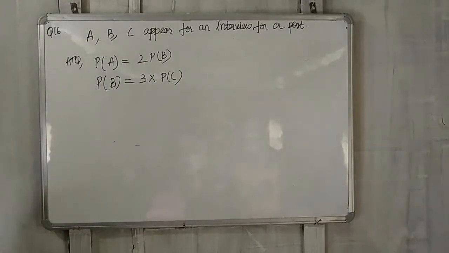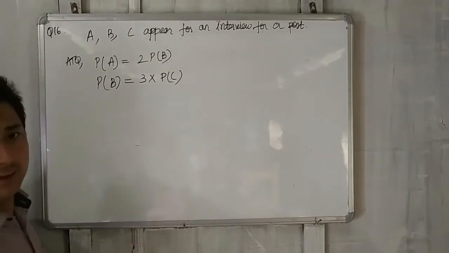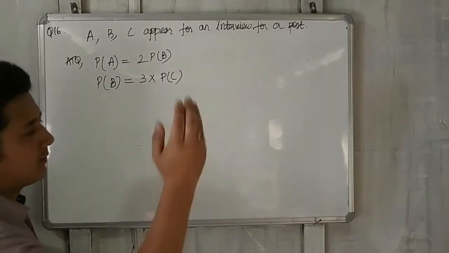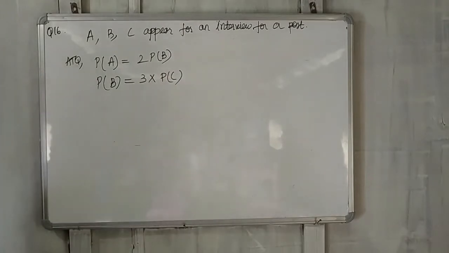Now suppose the post has been filled. So find the exact chances of A, of B, and of C. Are you clear with the question?